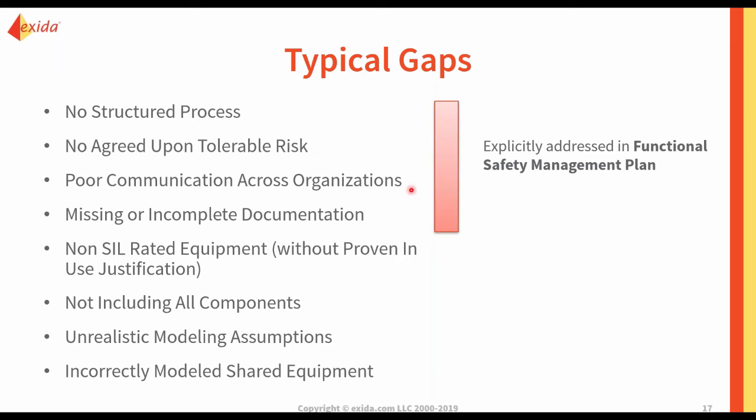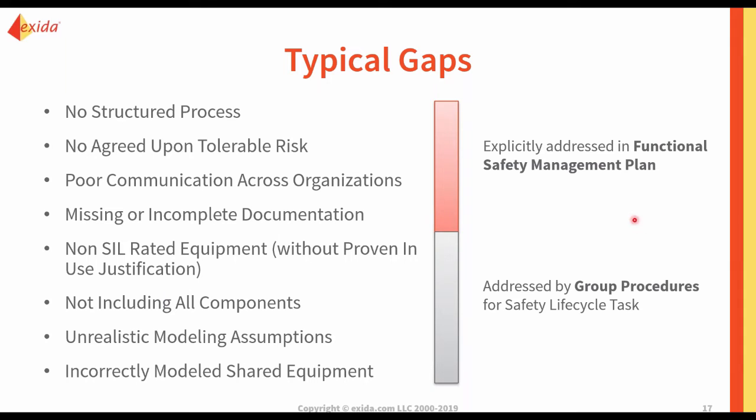Instead of trying to hit a moving specification that from one conversation to the next might seem different, if you have a clear functional safety management plan that can be pointed to with specific requirements, this can really help fill some of those gaps on the communication side. For the remainder of our issues, having group procedures, so specific procedures that are followed to execute a safety lifecycle task, is fundamental for ensuring that you're able to meet those requirements.